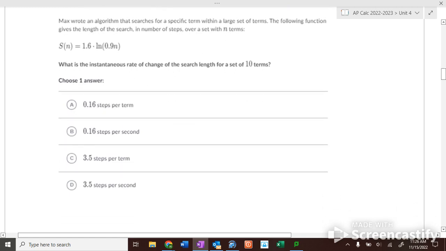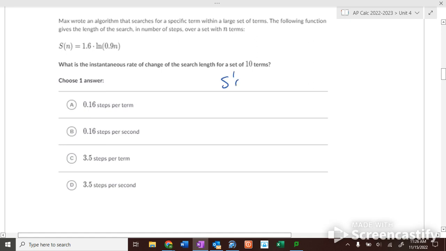Max wrote an algorithm that searches for a specific term in a large set of terms. What's the instantaneous rate of change of the length for the set of 10 terms? Okay, so to find the instantaneous rate of change, we have to take the first derivative.